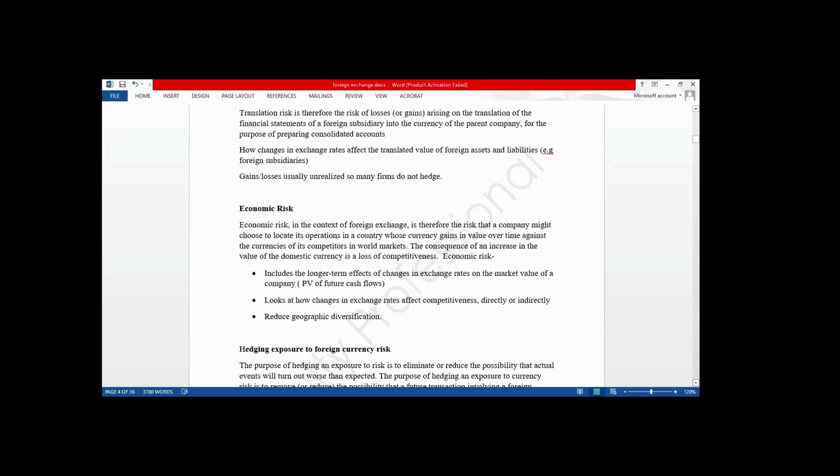What we are saying is that it can reduce the ability of a company to compete in the international market. Now, it cannot compete favorably with other companies in the international markets.